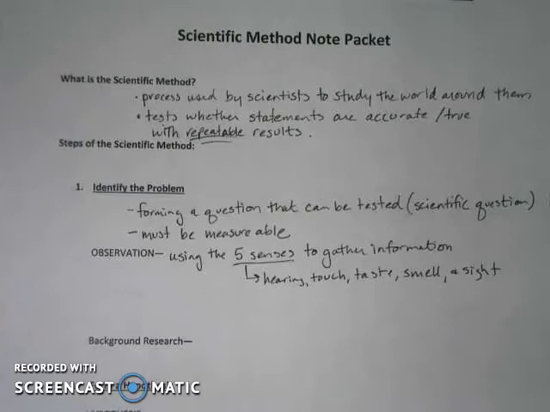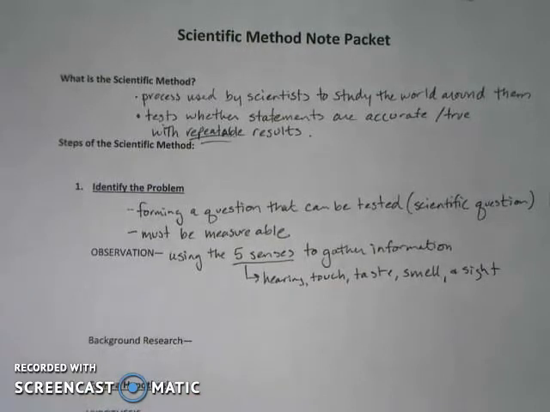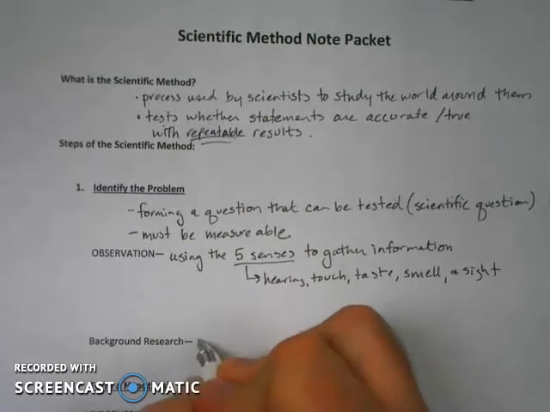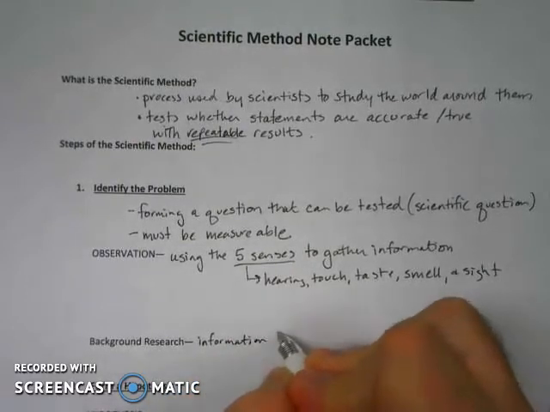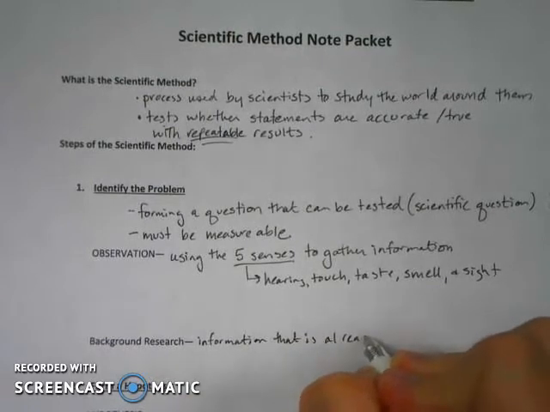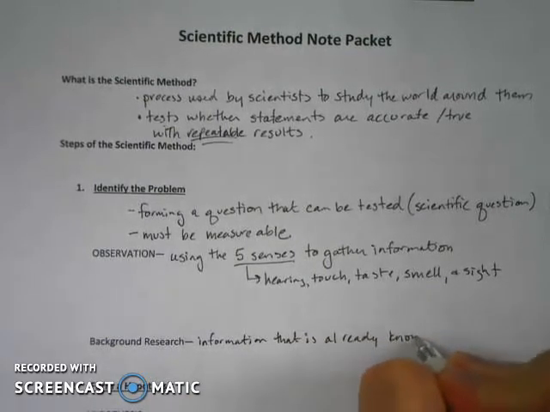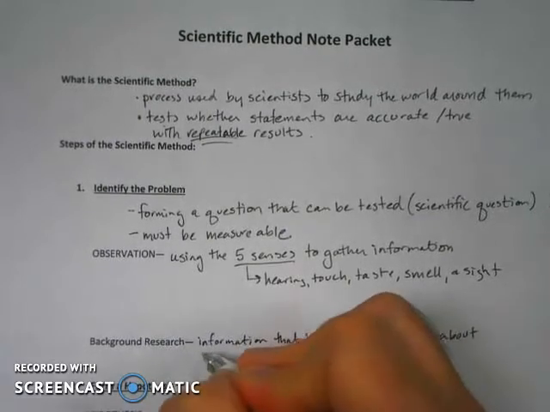And another big part of this is background research. Background research can take a long time because there's a lot of information out there, and we're getting new information all the time. So background information is information that is already known about the scientific question.